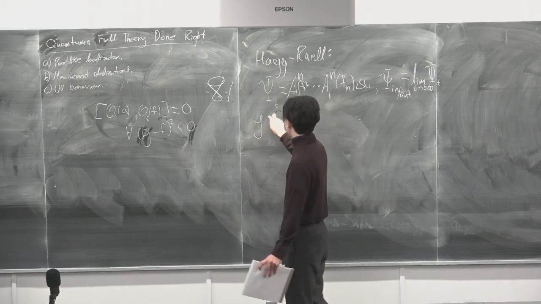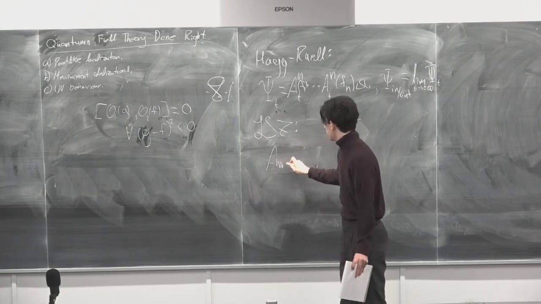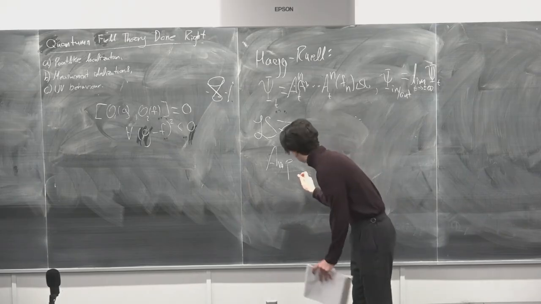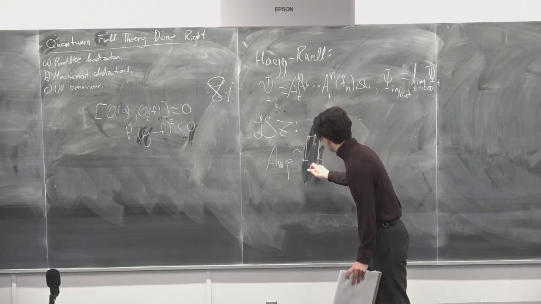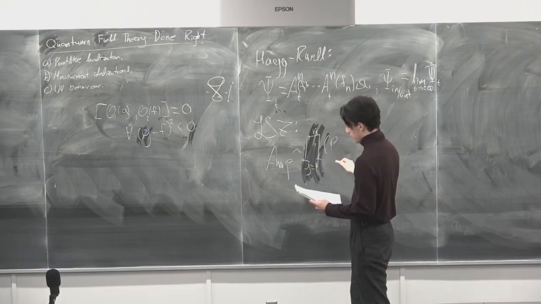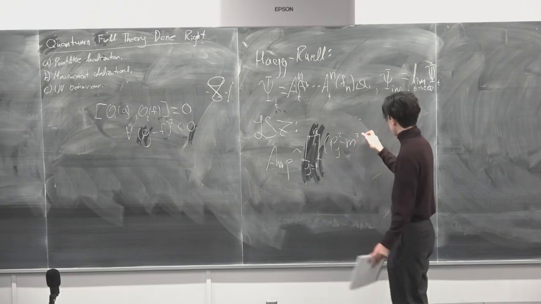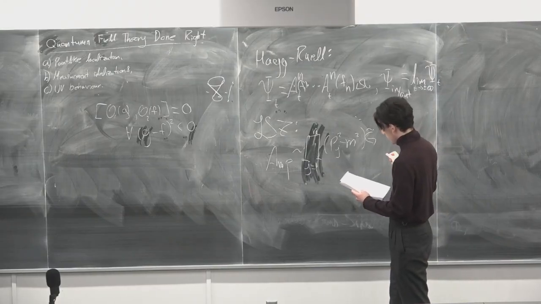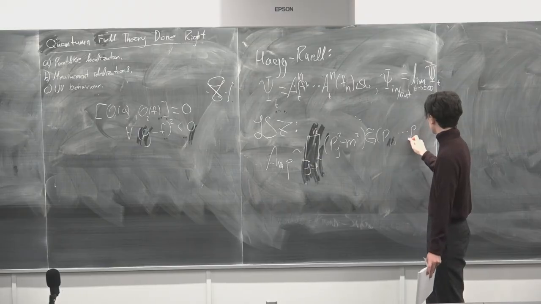The LSZ reduction says the amplitude is the sum from j equals 1 to n, of p_j squared minus m squared, times G tilde, which is just the Fourier transform of your time-ordered n-point function, times p1 all the way to pn.